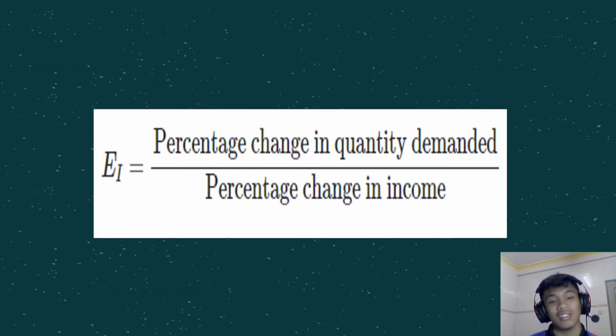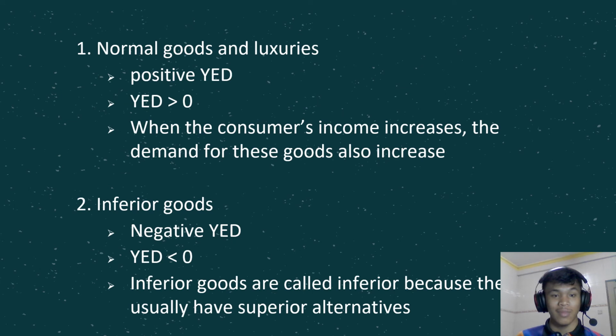As you can see, we use this formula to calculate the income elasticity of the consumer. Income elasticity of demand is divided into two, which are positive YED and negative YED. Positive YED is for normal goods and luxuries, where the YED is more than zero. When the consumer's income increases, the demand for these goods also increases.